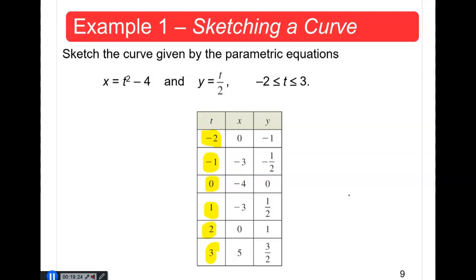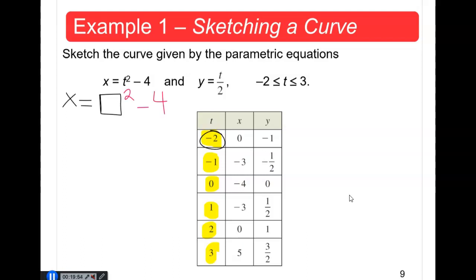So I'm going to work on the x values over here, and we have the equation t squared minus 4. What we're going to be doing is entering the value of t. I call this the skeleton of the function, where we're going to be substituting. I want a square, and then we still have a minus 4.